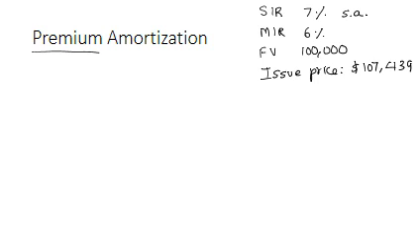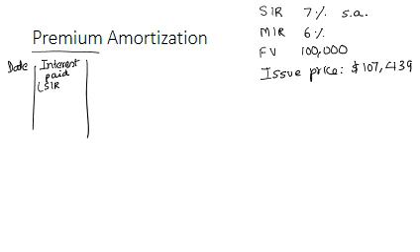107,439. Now the first column here will be the date, the second column will be the interest paid, which is always based on the stated interest rate. The third column is the interest expense, which is based on the market interest rate.